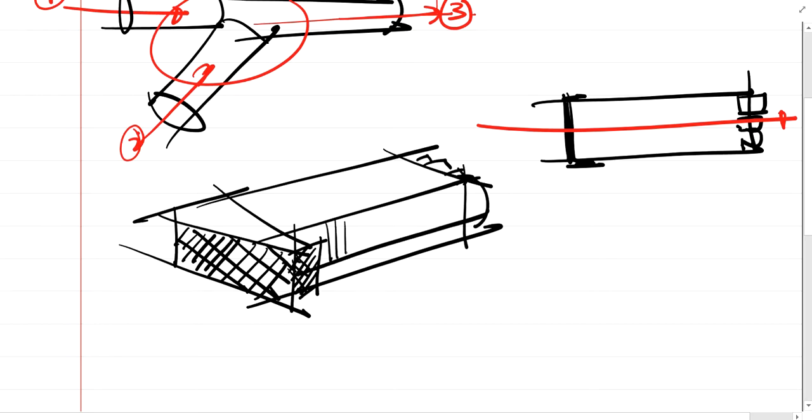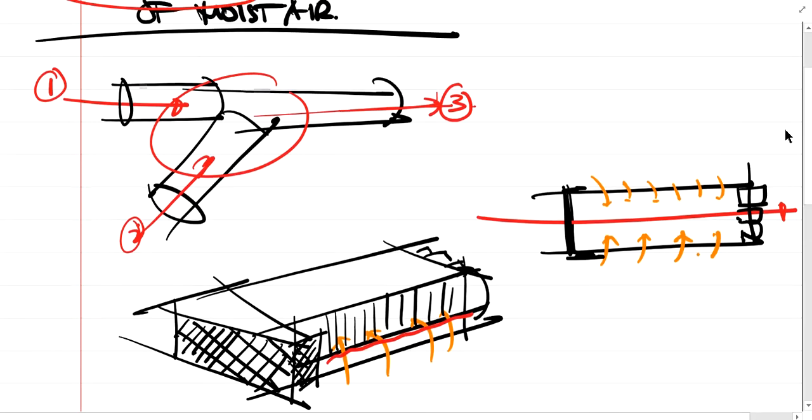If it's a curtain-sided wall, sometimes there's going to be leakage right here, so there's going to be entry of air through those unintended openings. So somehow there's going to be mixing, and we can model this mixing process.